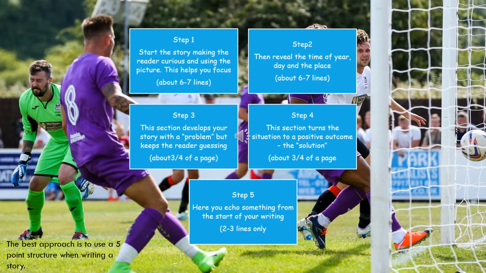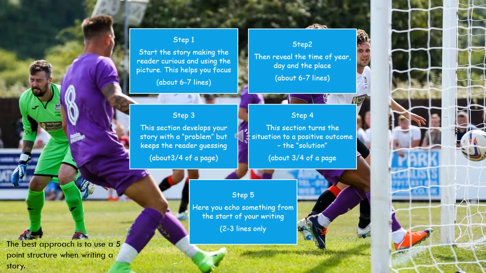The best structure to use is a 5-step structure, and the steps are all laid out on this slide. You can see that step 1 is where you start the story and make the reader curious. Step 2, you set the scene and reveal the time of day, year, the place that everything takes place, and so on.